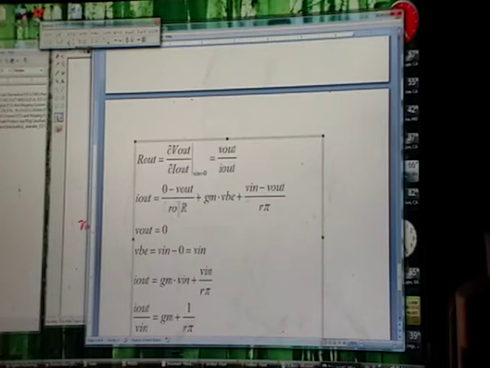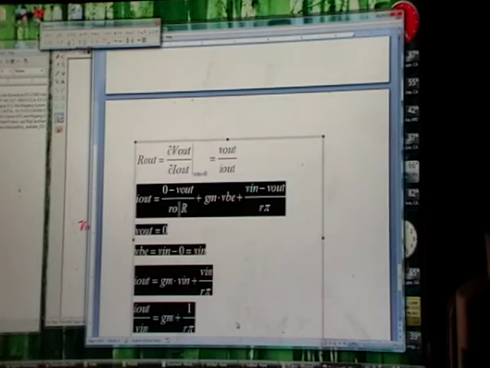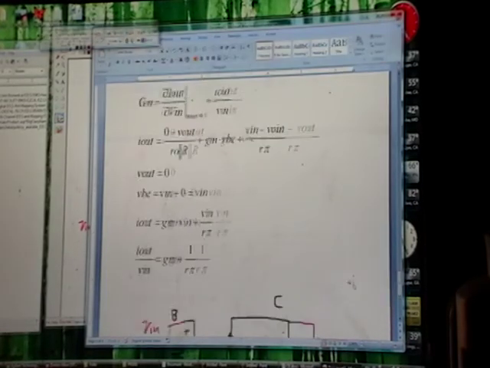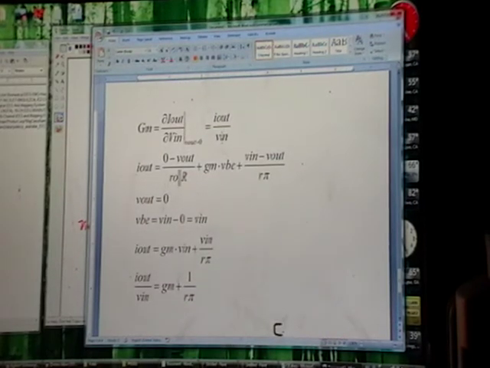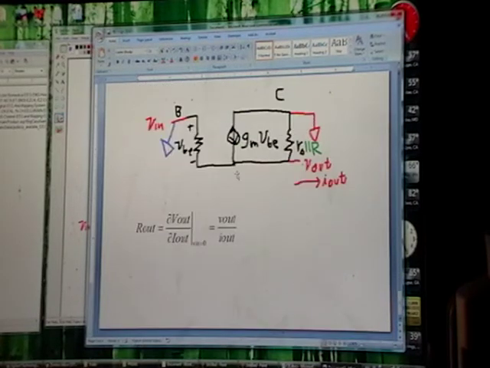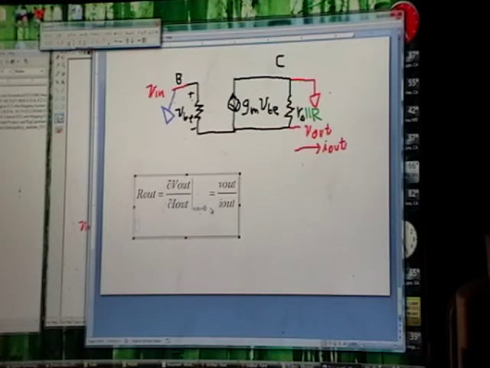I'm thinking I have a typo up above, so let's go check up above. Did I make a mistake here? I out over V in? Nope, that's right. So this is what we're looking for.